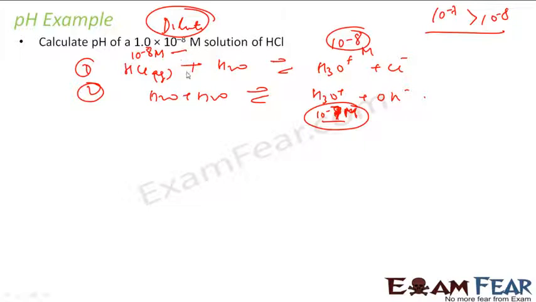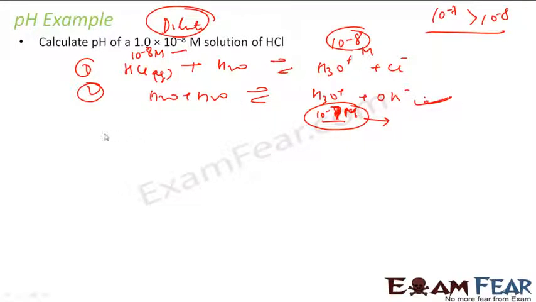Right? That means if you just have pure water, this guy has 10 to the power minus 7 moles of H plus ions, but this acid HCl, even though it's an acid, has 10 to the power minus 8 M of H plus ions. Which one is more? Obviously this guy is more, right? This guy is less.